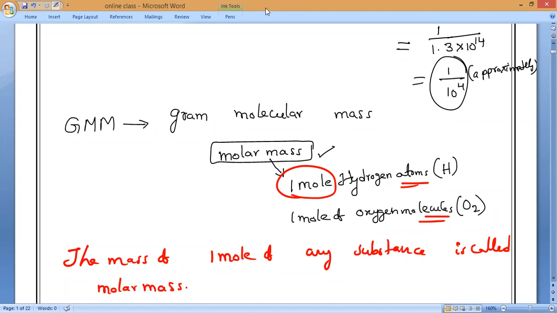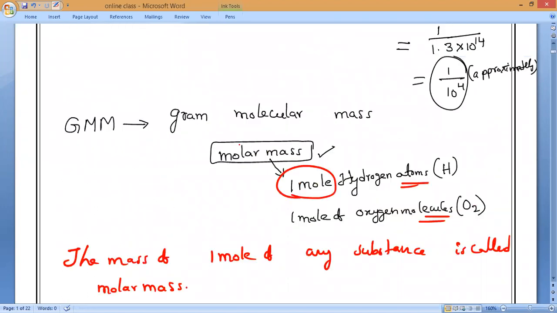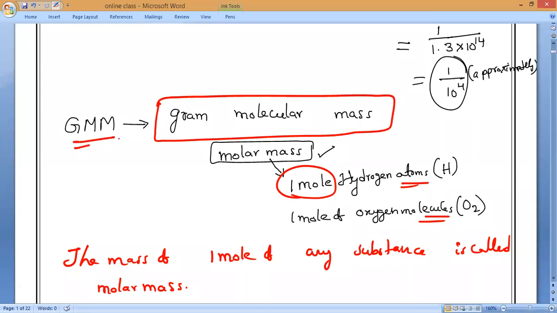The mass of 1 mole of any substance is only called molar mass. So if you remember, what is another name of molar mass? Gram molecular mass, GMM.